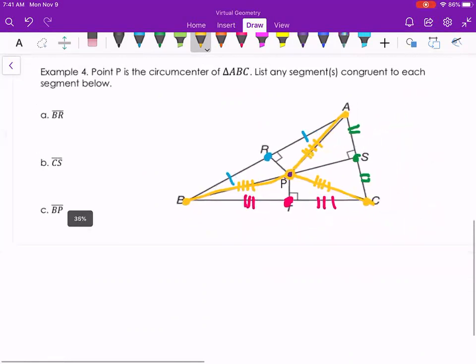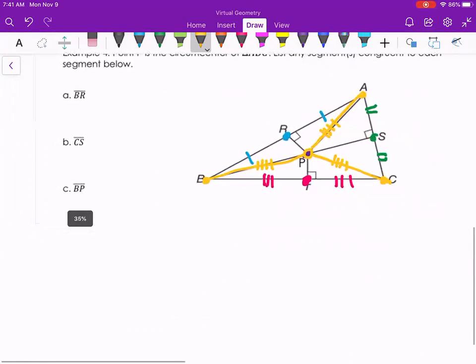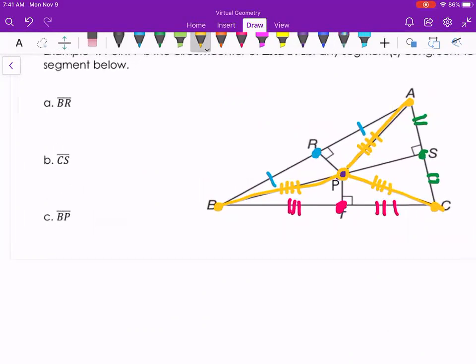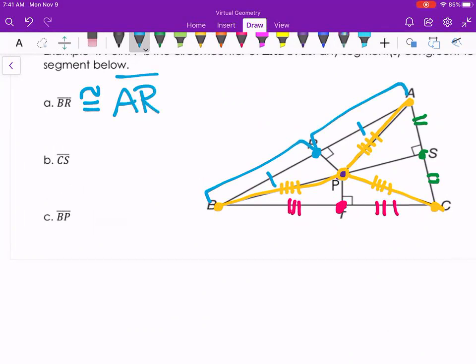So let's use this now that we've kind of color-coded it with all our matching pieces to find our congruent parts here. All right, so B to R, segment BR. Is that piece? Well, it's got to be congruent to AR, the other side. All right, now let's see where CS is. C to S is using the midpoint, so then it's congruent to AS.